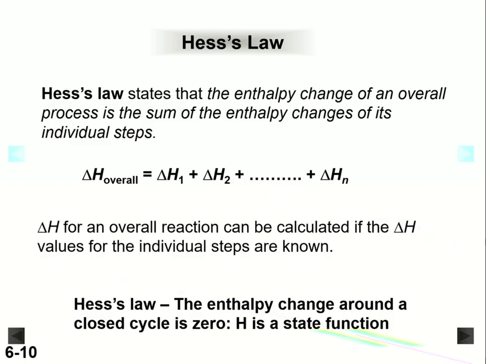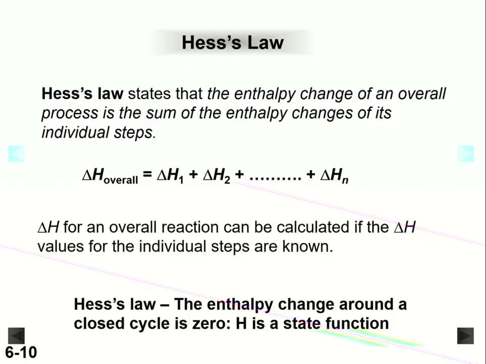But as we think about this, if we have a particular process we want to understand in terms of the enthalpy that occurs, but we don't have that value, if we have a series of steps that will ultimately produce that, then we can use those in combination to determine what the overall enthalpy is.